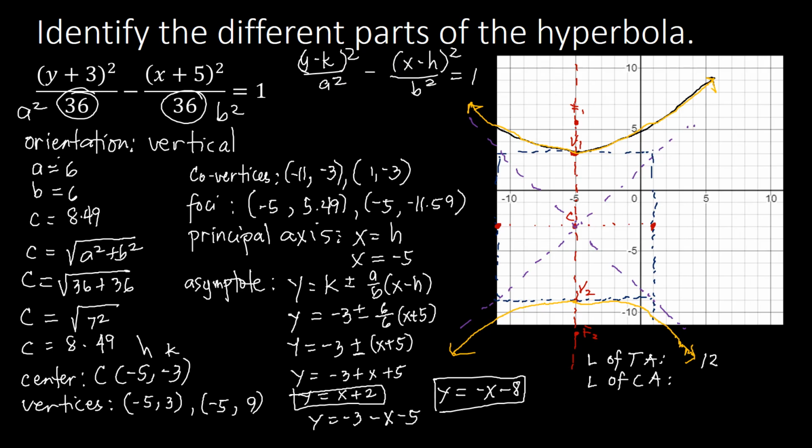That will be 12 still. And then the length of the foci. This will be now 2 times 8.49. That will be 16.98. So those are the different parts of our hyperbola. I hope that you learned something. Please practice and that will make you perfect.